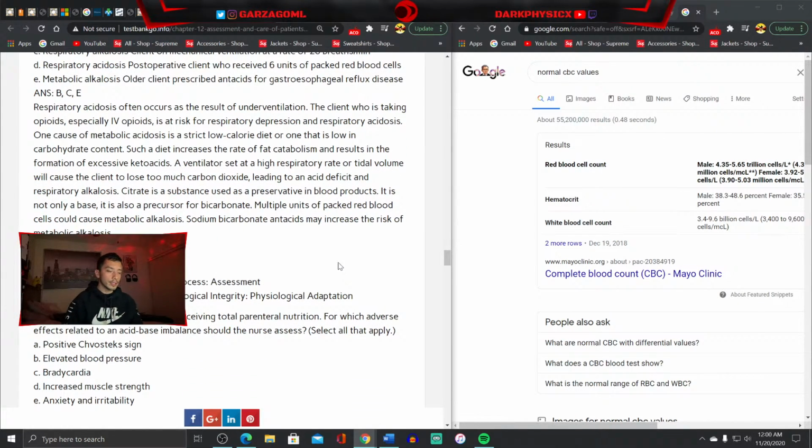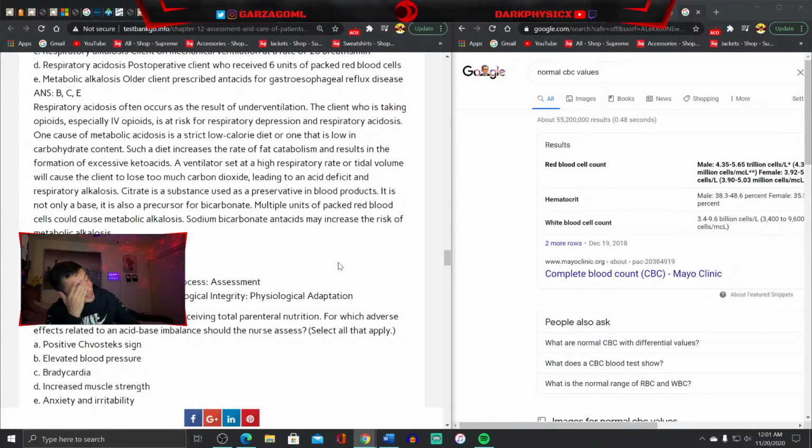A nurse assesses a client who is receiving total parenteral nutrition, TPN. Which adverse effects related to the acid-base imbalance does the nurse assess? Okay, TPN. What does TPN cause again? Does it cause alkalosis or acidosis? Shoot. I should know this.